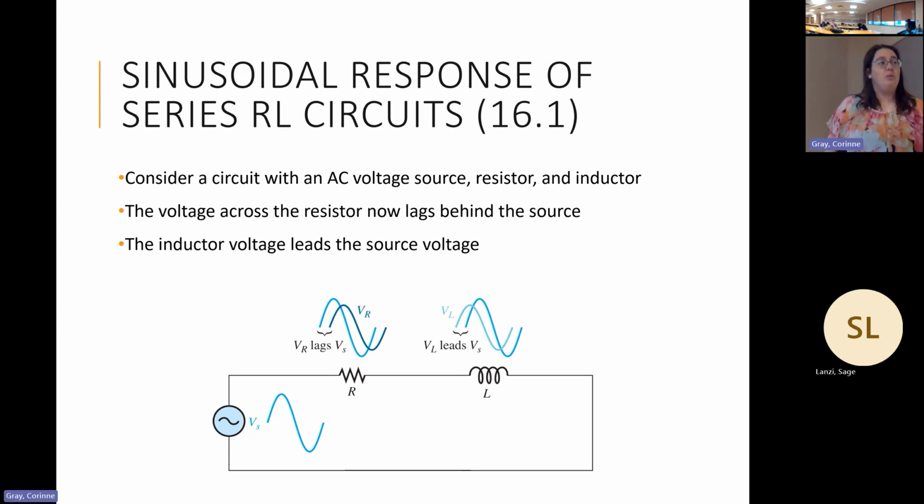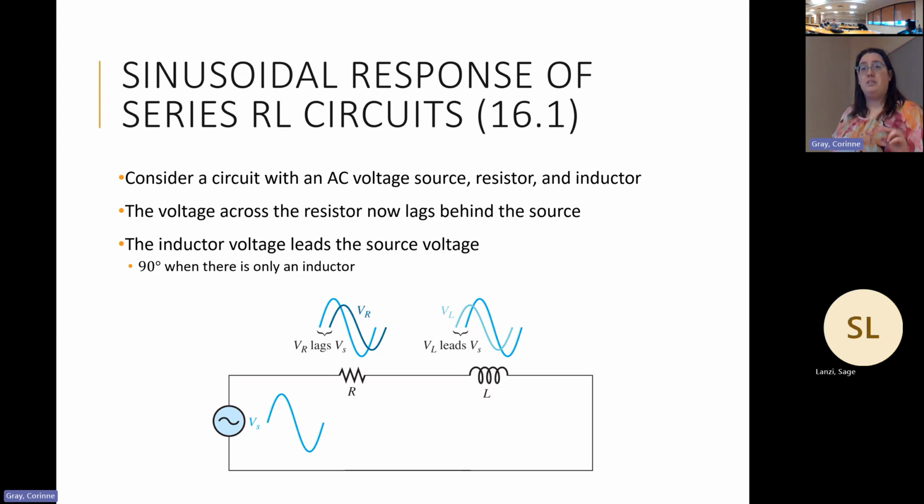When we look at this, there are some ideal situations that we can talk about, but in reality, because we're going to have this resistor inside of here, it is not going to be by 90 degrees. The 90-degree value that we talked about before for the difference between the source and the inductor is only if we just have the inductor.